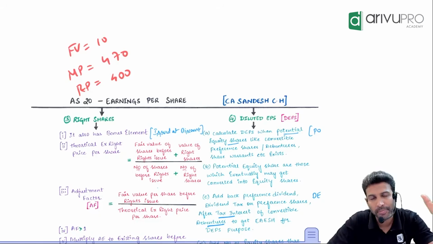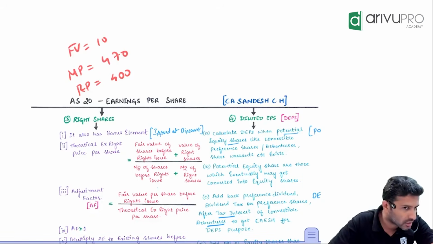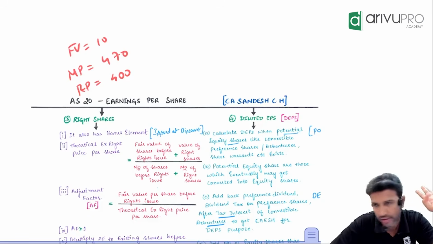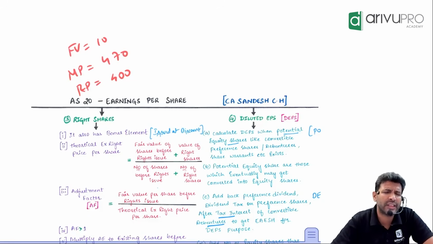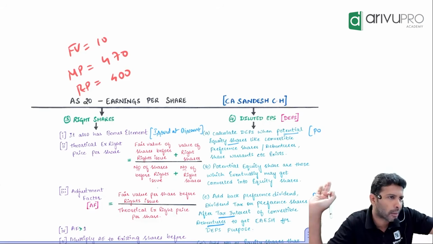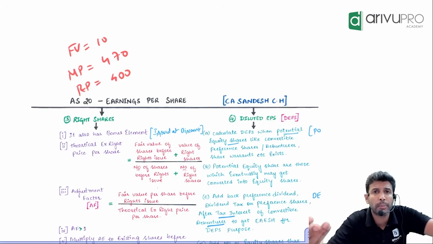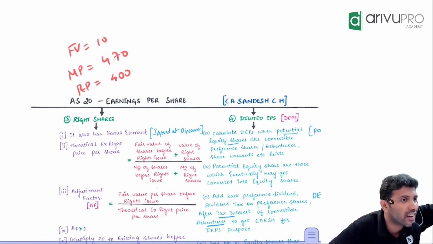What is the meaning? Right shares are additional shares given to existing shareholders at a discounted price compared to the market price. Sir, for bonus shares, we said there is no weightage drama, because by issuing bonus shares, the company is not receiving any money.